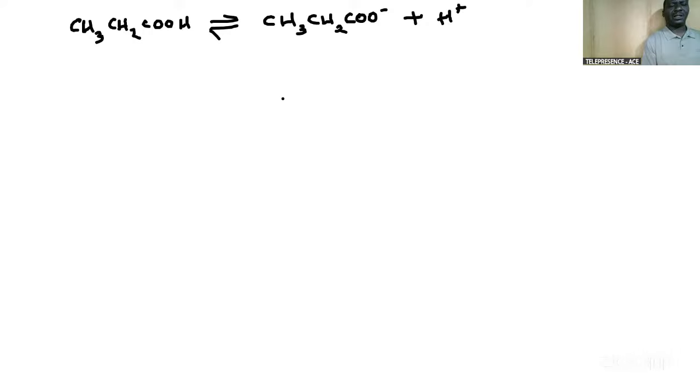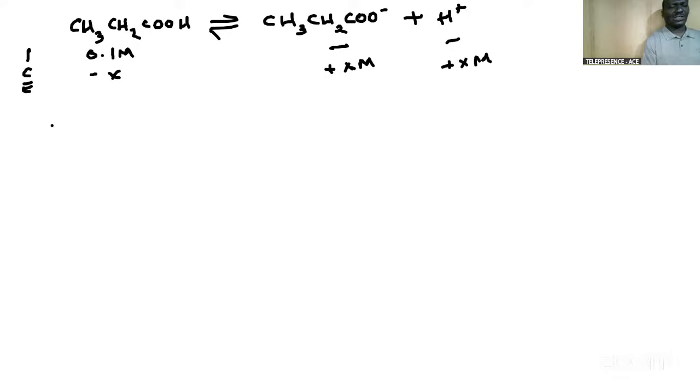All right. And of course, according to the ICE table that I always explain to you, you have here 0.1 molar of the acid. You're going to have nothing here initially. And of course, the change that will have occurred, since this is ratio 1 to 1 to 1, is that X is used up, and X will have been formed, and X will also have been formed.